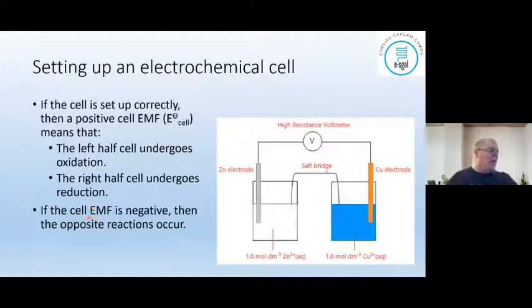If the cell EMF is negative, then the opposite reactions occur. So the left-hand cell will undergo reduction and the right-hand cell will undergo oxidation. So that's why I think it's really important to make sure you know how you're setting these up, because if you set them up the same way each time, then the readings you get will be far easier to interpret.